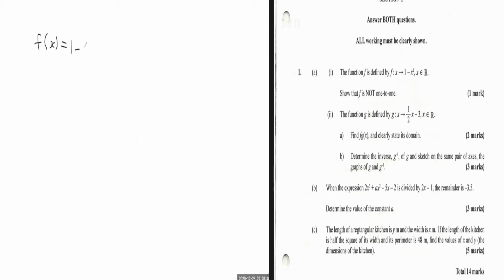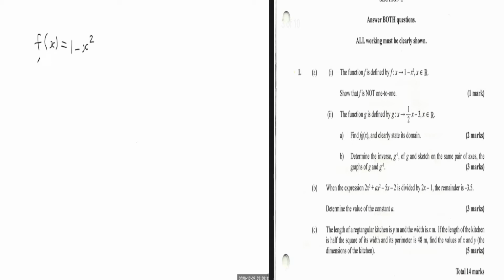All right. A function is not 1 to 1 if more than one element in the domain maps to the same element in the codomain. There are many ways you can show that this is not 1 to 1. For example, you could just use an example to show that 2 values are being mapped to the same thing.